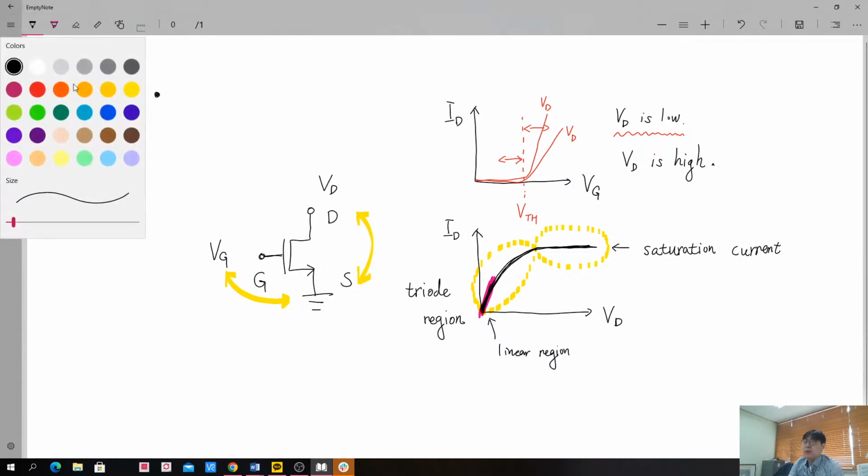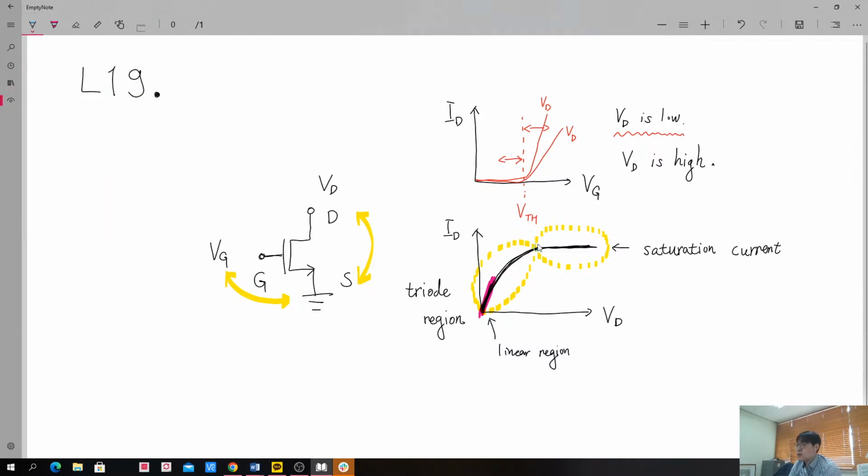And yes, if we ask ourselves the value of this point, how can we obtain it? This point corresponds to our two expressions for drain current. We have introduced one expression which is valid for the triode region.